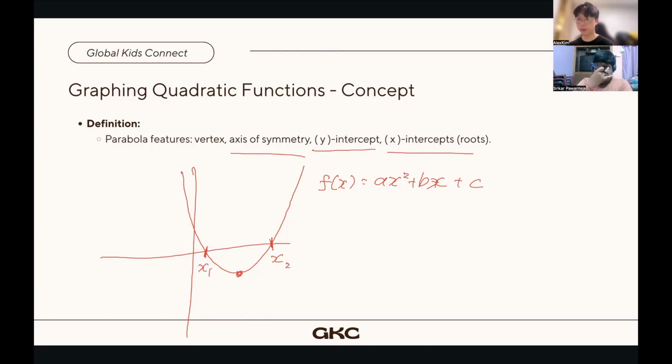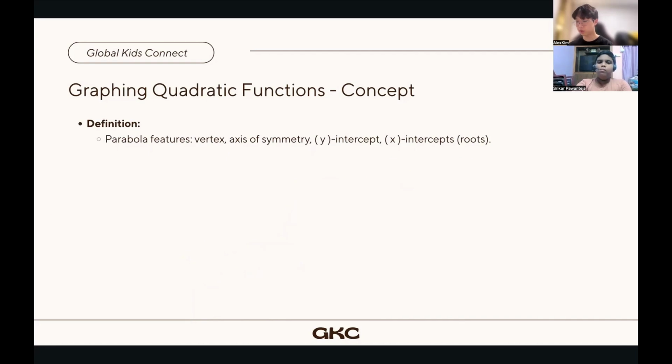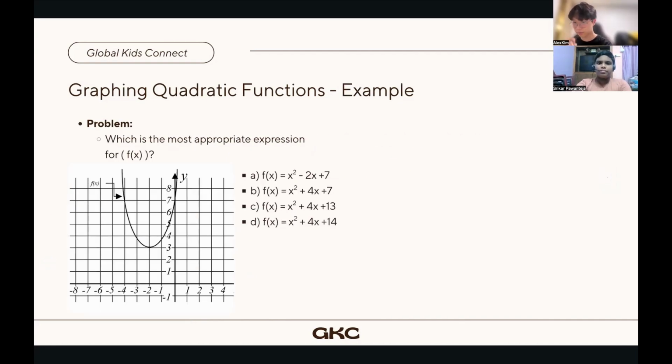And if you remember how we utilize the quadratic formula to find solutions to quadratic functions, the solutions that we gain from the quadratic function will be the x-intercepts. And so these are just very basic ideas to remember. We'll take a closer look at example questions to get used to this.